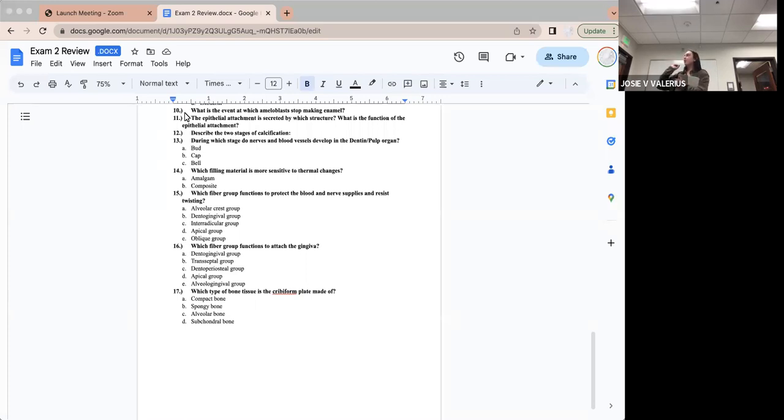But for this one, they reach the outer enamel epithelium, and that's when they stop. So for the story, the polarity change is the beginning of laying down the enamel, and reaching the outer enamel epithelium is the end of laying down the enamel. Okay, number 11. The epithelial attachment is secreted by which structure, and what is the function of it?